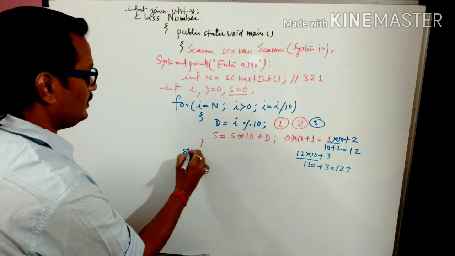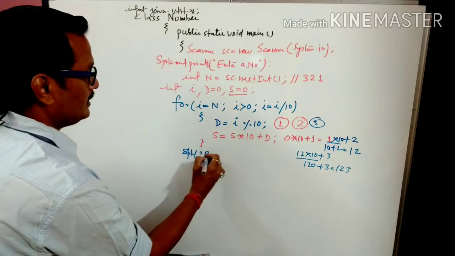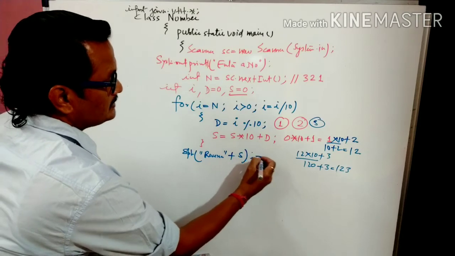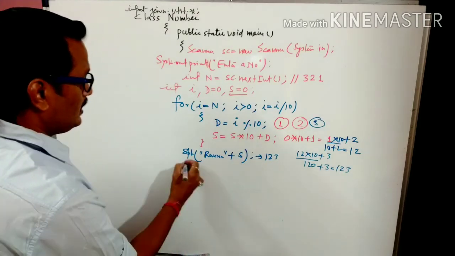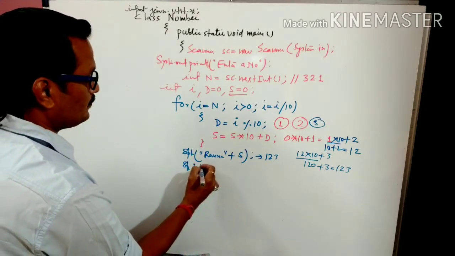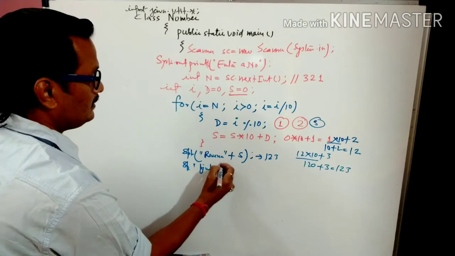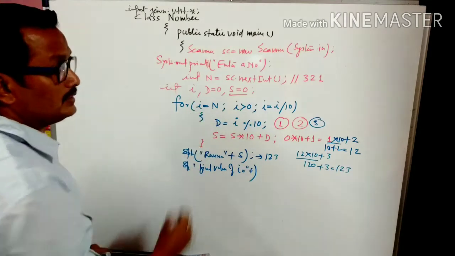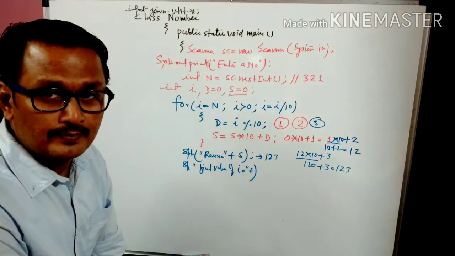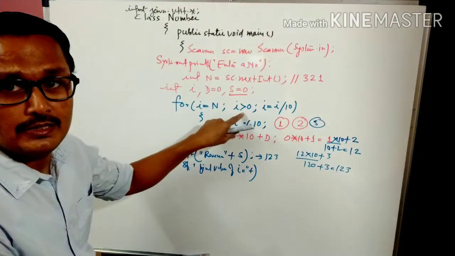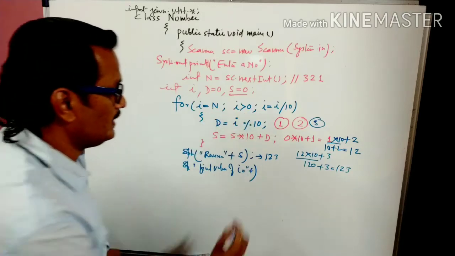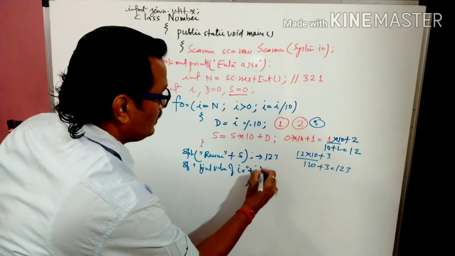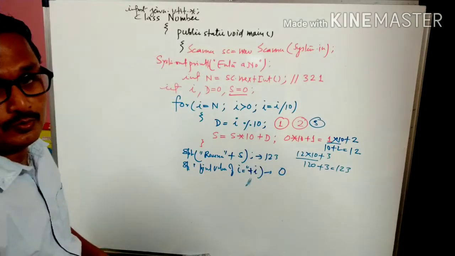Outside of the loop, if you print reverse s, your answer will be 1 2 3. What is the final value of i? You just think, when the condition becomes false, when the value of i is 0, the final value of i will be 0 outside of the loop.